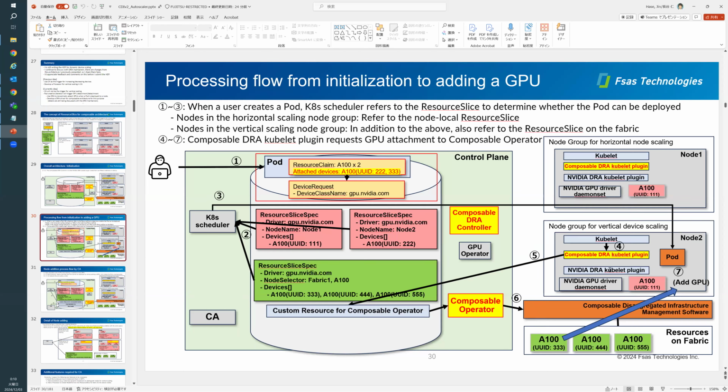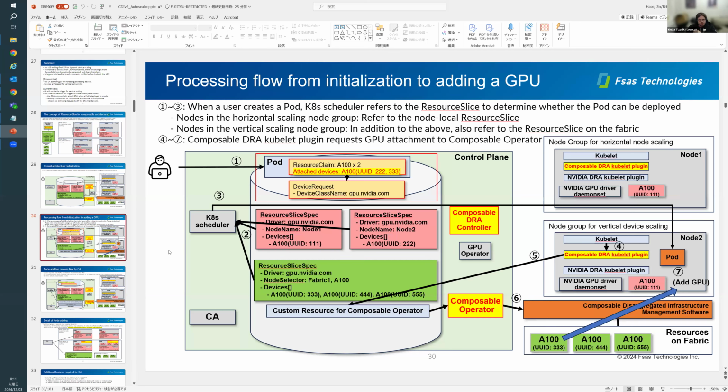Then the NVIDIA kubelet plugin configures the necessary settings on the attached GPU, and then the pod may become running. So this is my idea's processing flow.